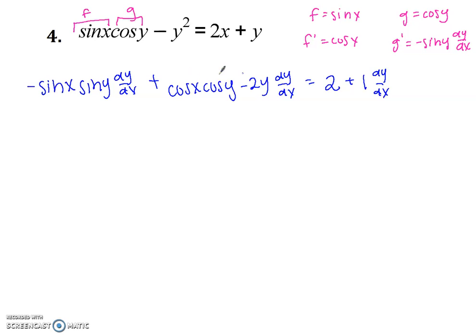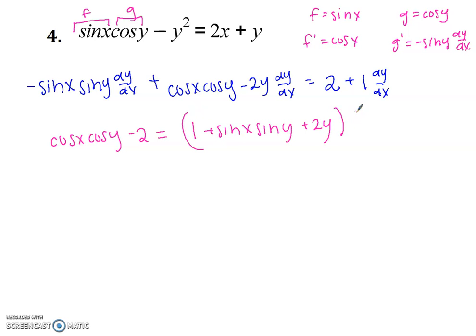Okay. So I'm going to take these two, move them to the other side. So I'm going to leave the cosine of x, cosine of y. I am going to move this 2 over since it doesn't have a dy dx. Then I'm going to leave my 1 dy dx. I'm going to add the sine of x times sine of y, and I'm also going to add the 2y.